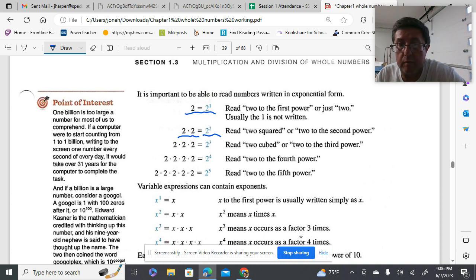Now we go 2 to the third power. Well, right now we're dealing with 2, so we're going 2, then we hit the second button, then we hit 1.